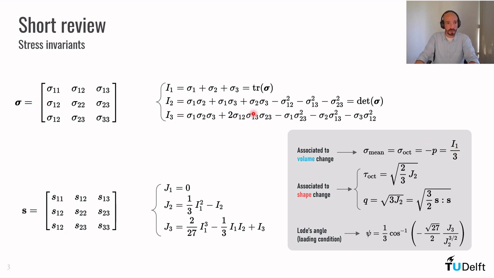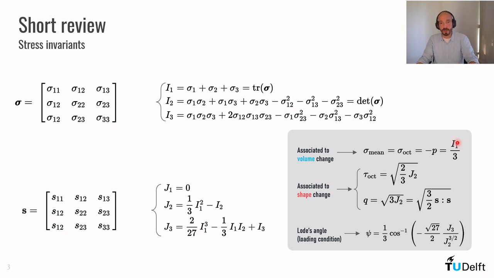So this is just the average of the diagonal values, and this gives an idea of how much the stress changes the volume of a certain element. This is the hydrostatic part of the stress.